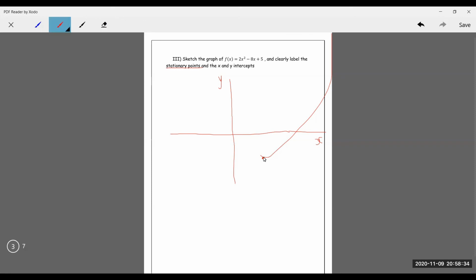Let's try that again. All right, so my graph not drawn to scale, but right here is the turning point, and the turning point is 2, -3. So 2, -3 is right here.